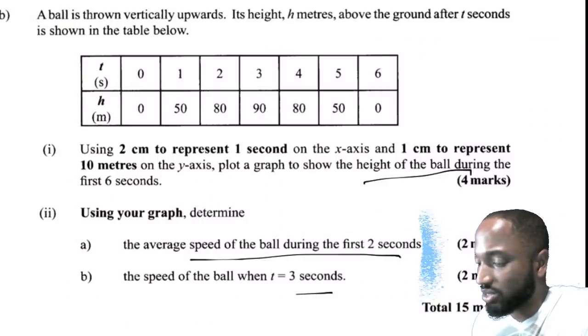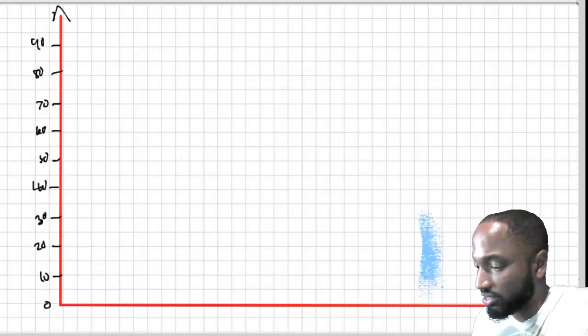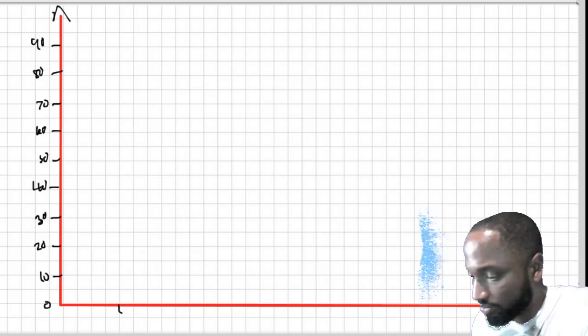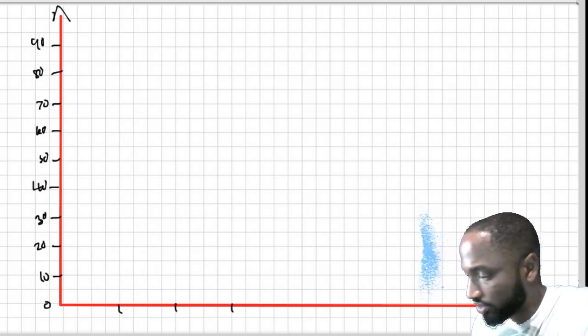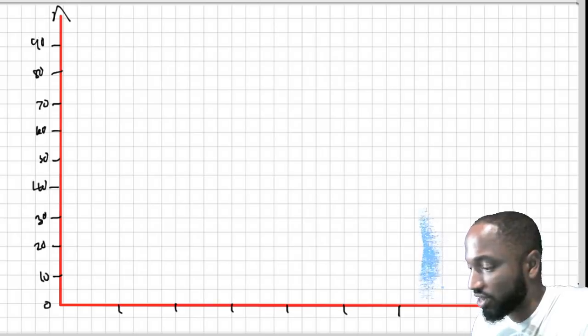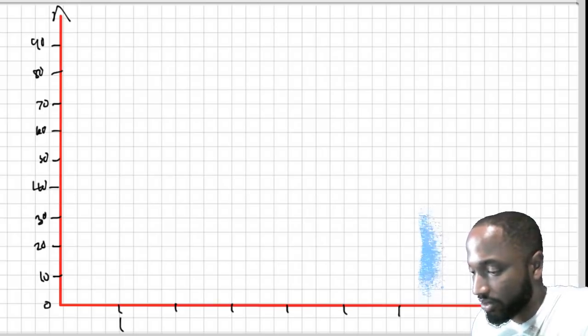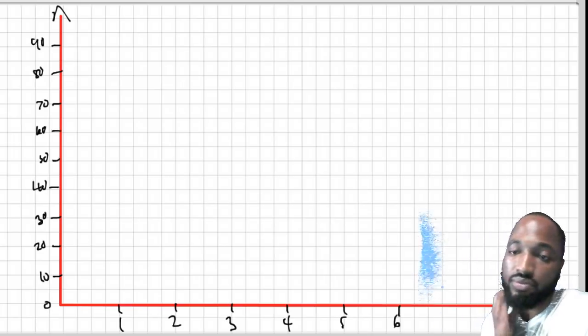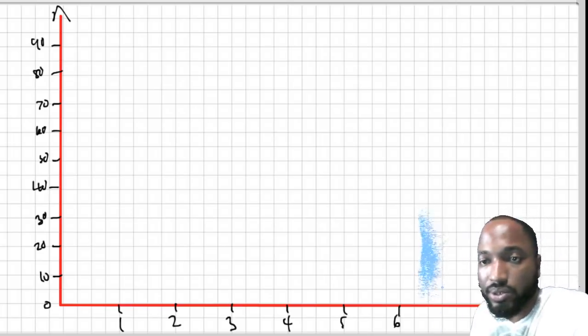As I say, this question is kind of different. It's not very traditional, and they count up to 6. So let me do the time axis: 1, 2, 3, 4, 5, 6. Alright.